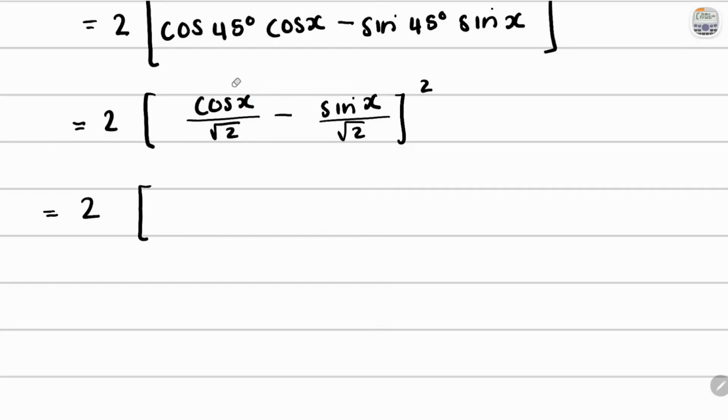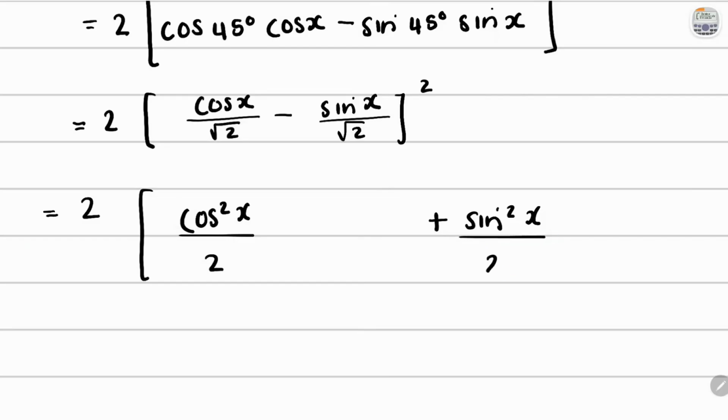So you're going to square the first term, and it becomes cos squared x. And when you square the denominator, because you're squaring this whole thing, that square root of 2 becomes a 2. You do the same thing to the second term. You square that, and that becomes positive sine squared x. And square the denominator, it becomes 2.